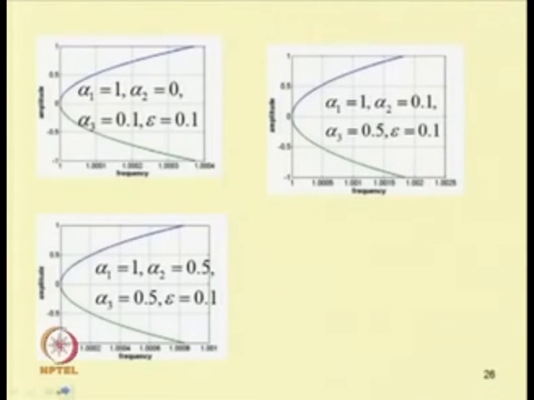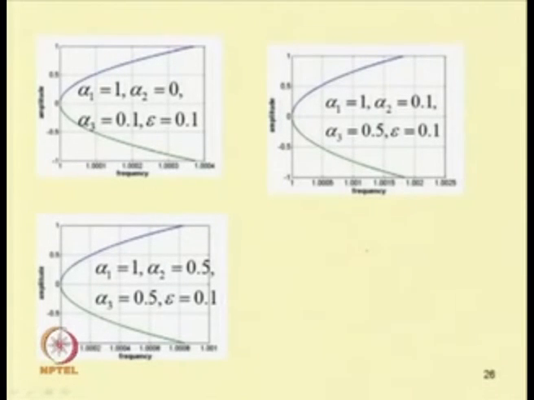If one takes α1 equal to 1, α2 equal to 0, α3 equal to 0, then it leads to a linear system, and we know that the amplitude is constant and equal to F by mωn.